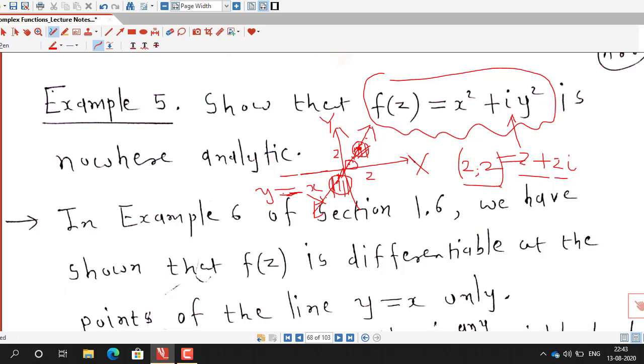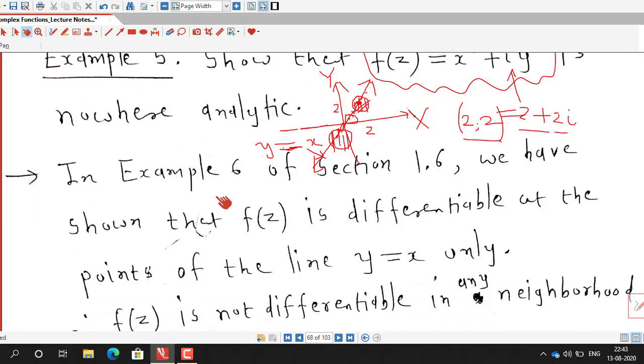So if we apply this logic, then the function is not differentiable in any neighborhood of any point on the line y equal to x. There is no point on the line y equal to x such that the function is differentiable in the neighborhood of that point.